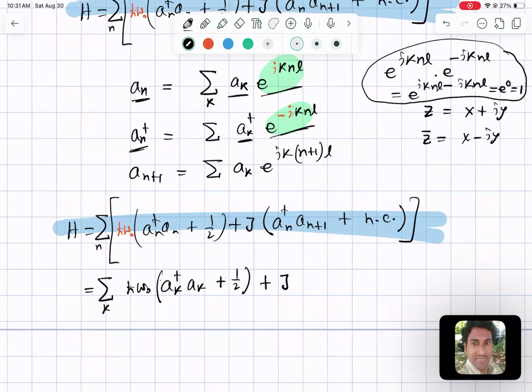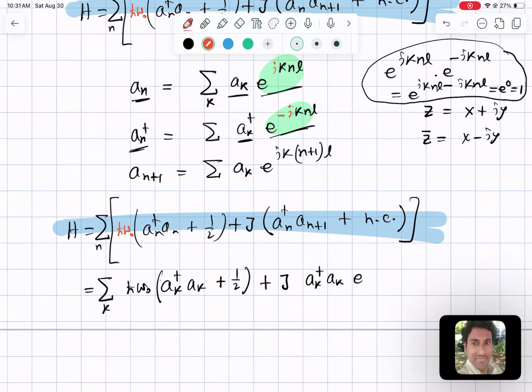So if it's n plus 1, we have a_K times n plus 1 up there. So let me write it. a_K dagger, a_K, e to the power.